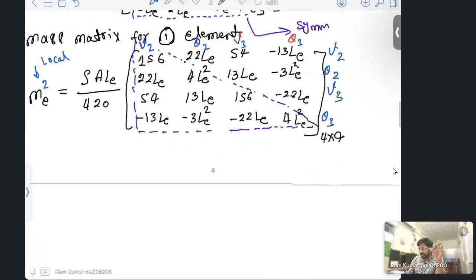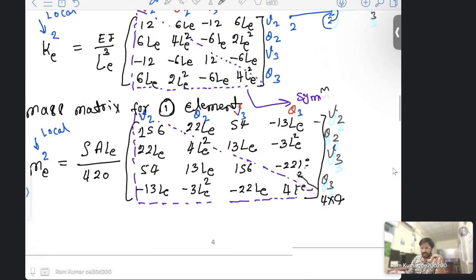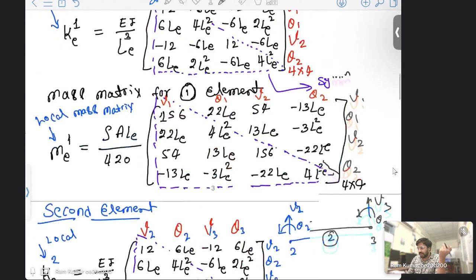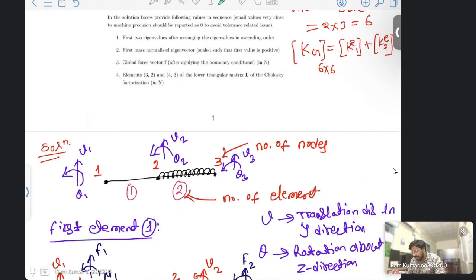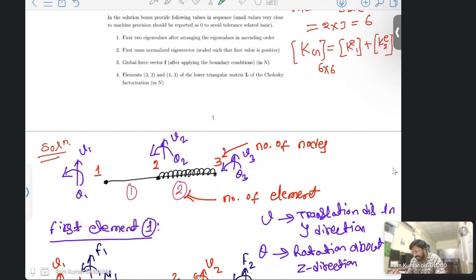So now what do we have to do? We have to find the global mass and global stiffness. What is the meaning of global? Global means that which will represent this whole beam system. Right now, we have separate stiffness and mass for this element and separate stiffness and mass for this element.